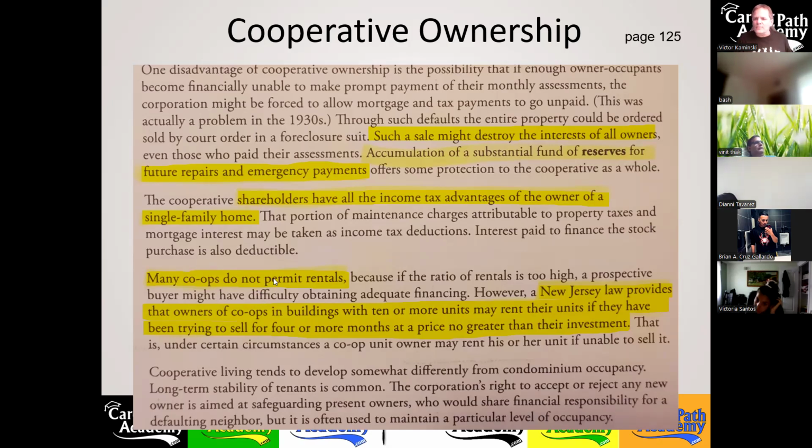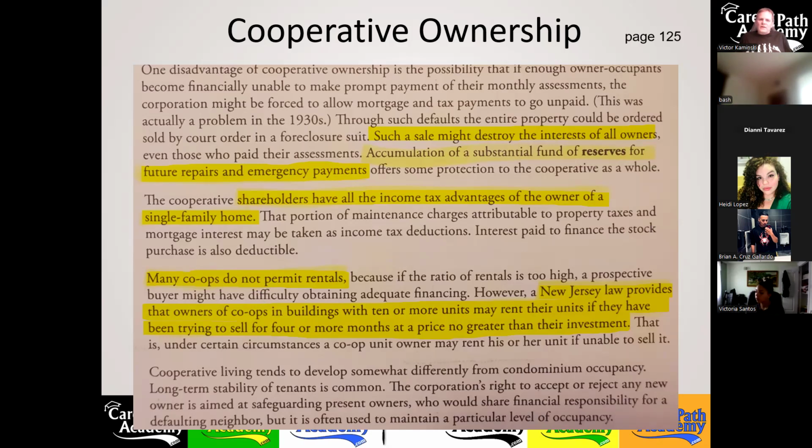Who takes better care of a property, an owner or a tenant? Owners, of course, right? So this is why many co-ops do not permit renting, because with too many renters, they're not going to maintain the property as well.